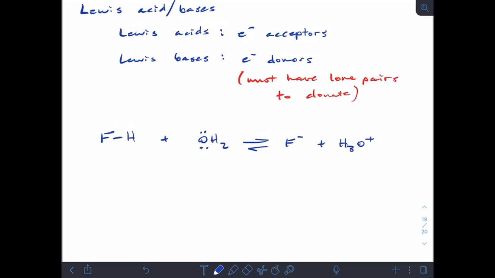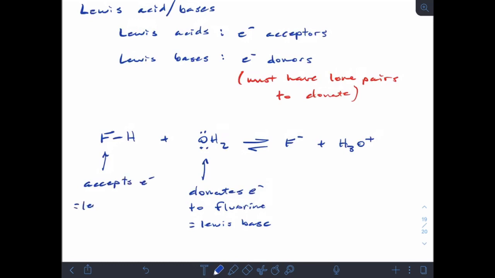And what happens here is that because we have lone pairs, it donates electrons to the fluorine. Making it a Lewis base. The water is the Lewis base. Okay? The fluorine accepts the electrons, making it a Lewis acid.